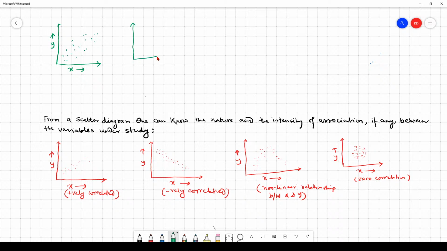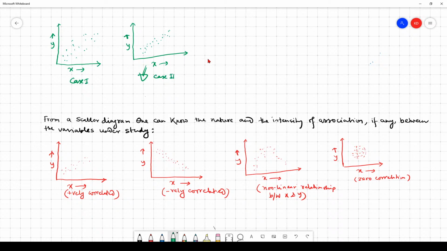Again, this also means x and y are positively correlated. But the strength of correlation, strength of association, is much stronger in this case. I denote this by case 1, case 2.